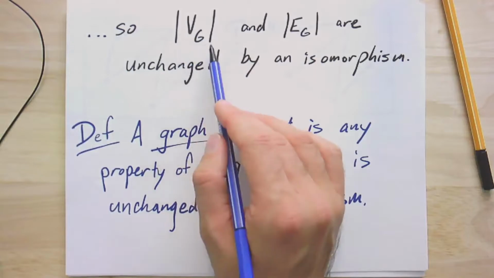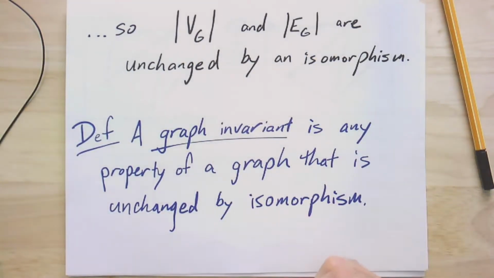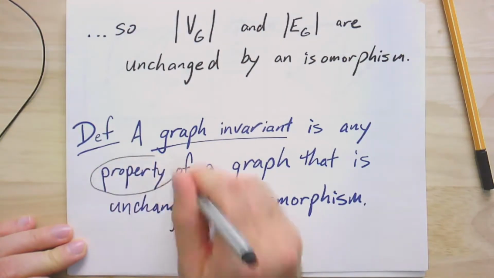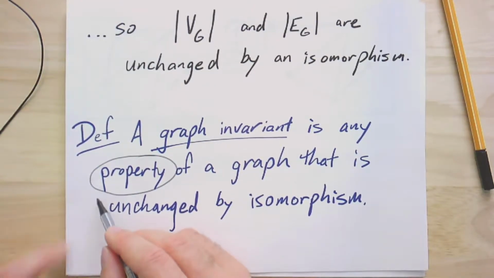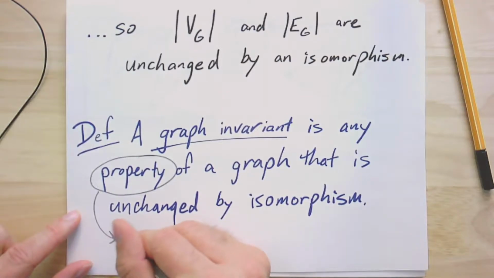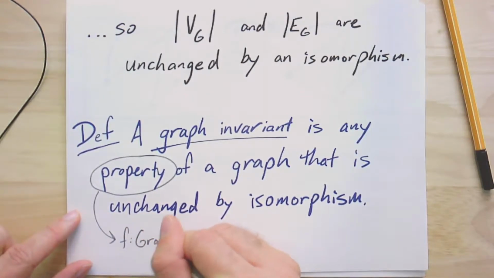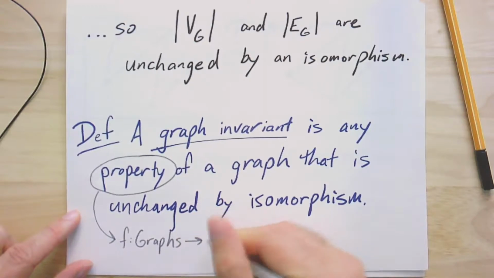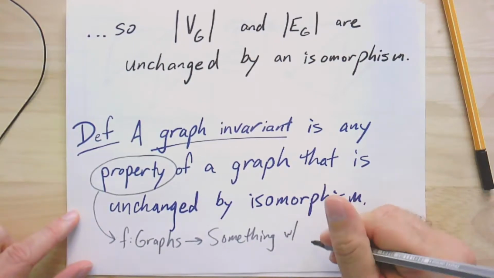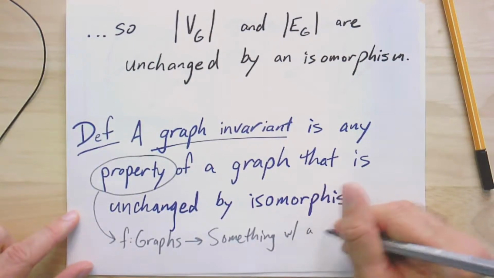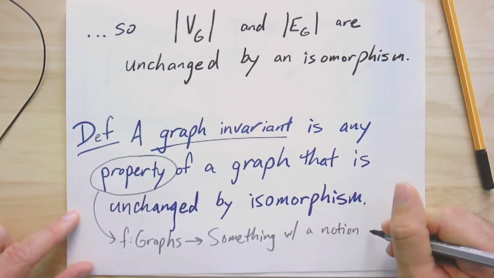And so really what these are, what we would call graph invariants. It's any property of a graph that's unchanged by isomorphism. Now we have to be a little careful here. This is a bit of a loaded word, or actually an unloaded word, because we didn't really say what we mean by a property. So for now, you should think of a property as any kind of function that goes from graphs to something with a notion of equality, so that we can actually tell if something changed or not.